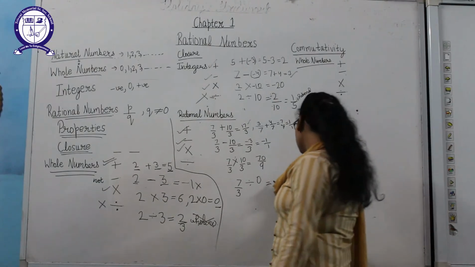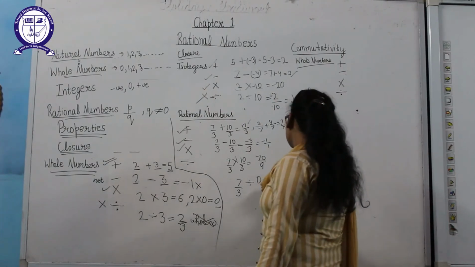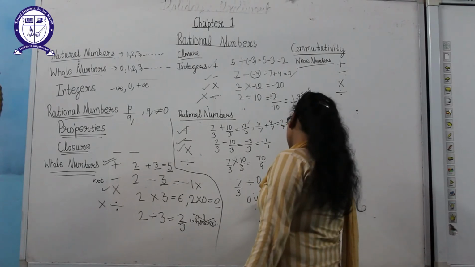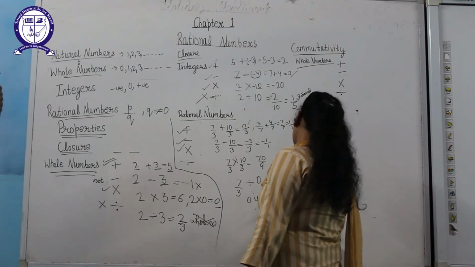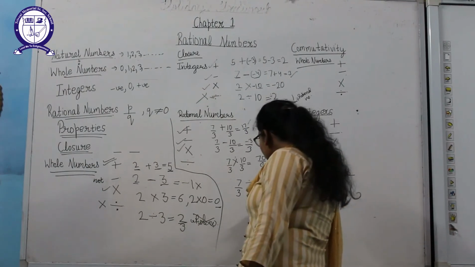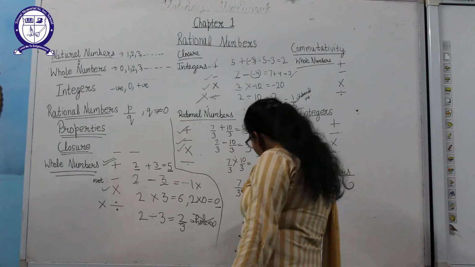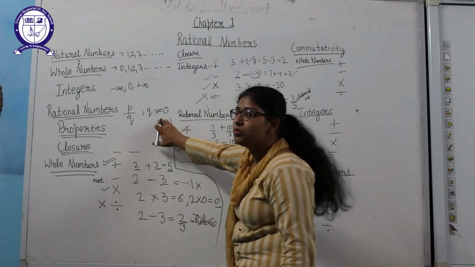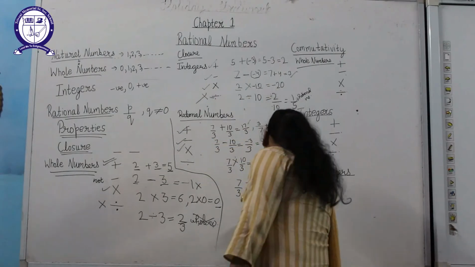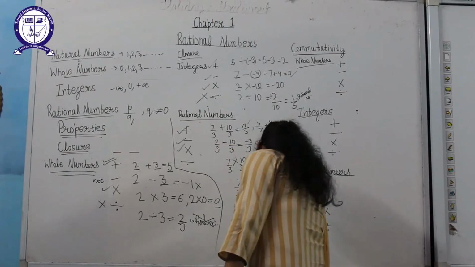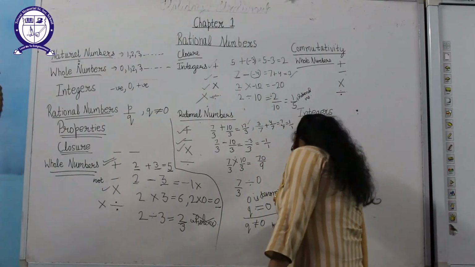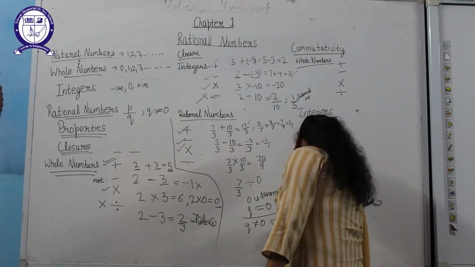Means we are getting 0 in the denominator. Means q is 0. But I told you earlier that q should not be equal to 0. It means it is not a rational number.